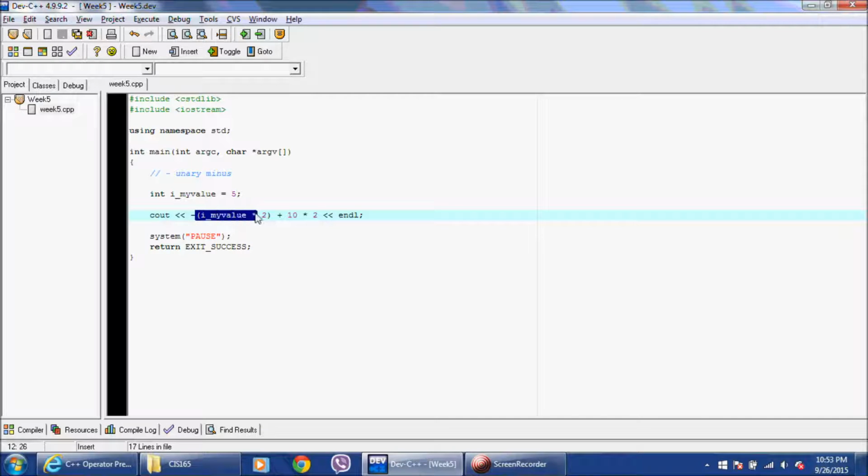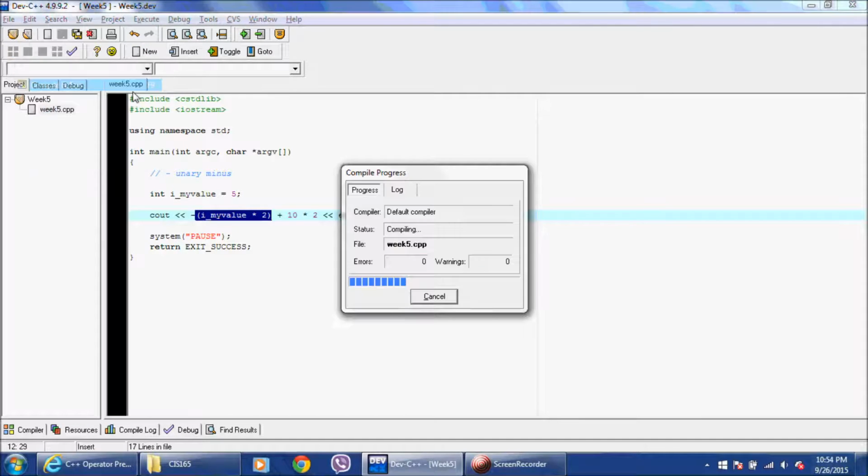Parentheses will always go first. So this will get evaluated, right? 5 times 2 is 10. Then it'll negate it, so it'll be negative 10. But now you have multiplication, which will give you 10 times 2 will be 20. 20 plus negative 10 will give you 10.